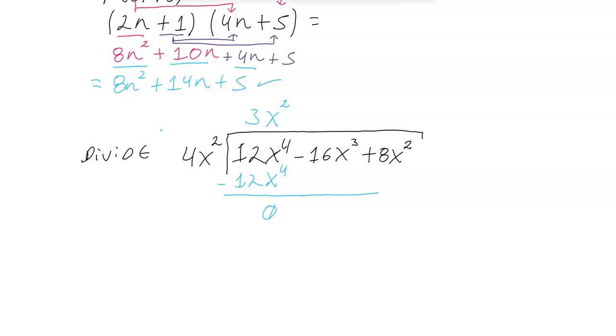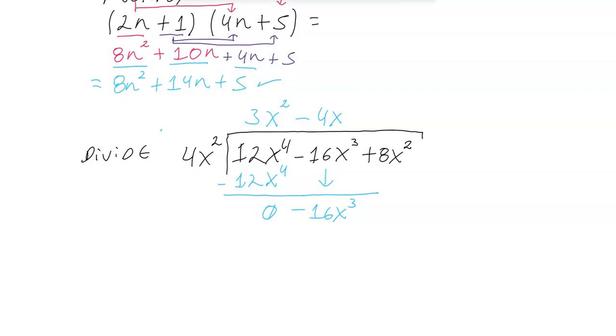Next, I'm going to carry down the next term as usual, which is negative 16x cubed. So again, how many times does 4x squared go into negative 16x cubed? Well, that's going to be a negative 4x, basically.